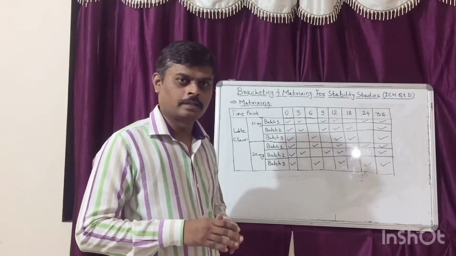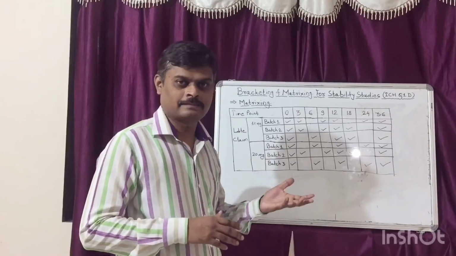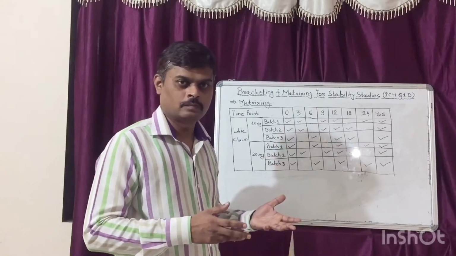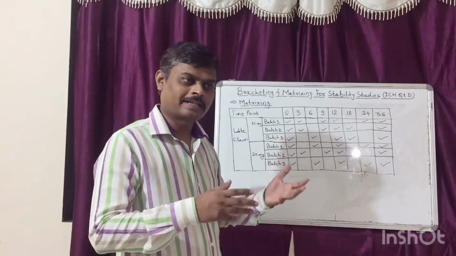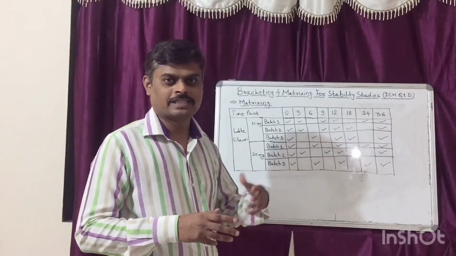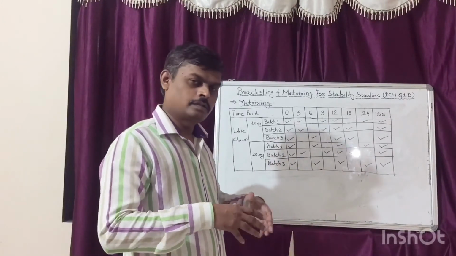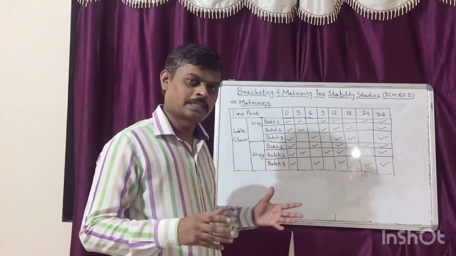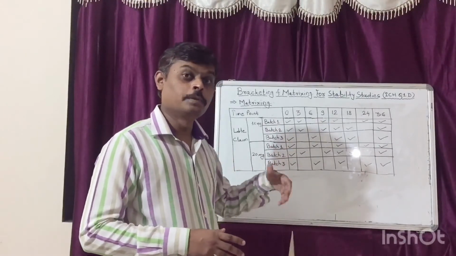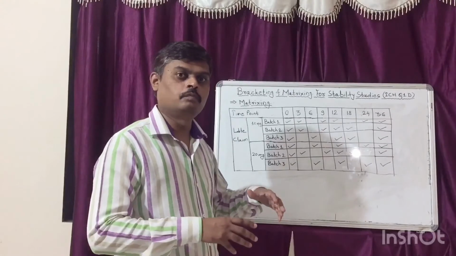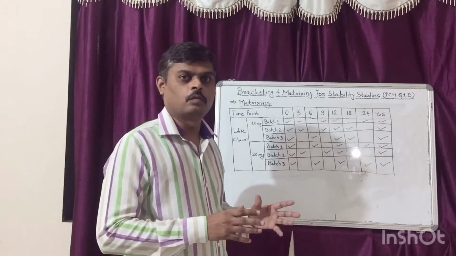For example, if multiple strengths of the same product were packed in different container closure systems, the number of samples for the stability study would be huge. There would be very much workload.